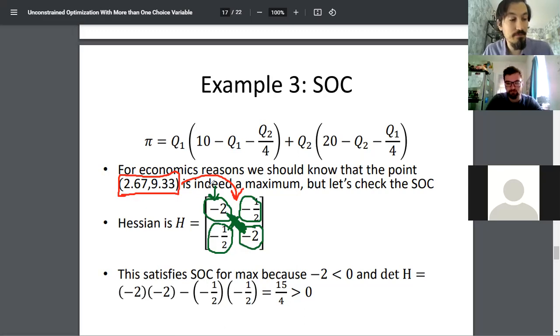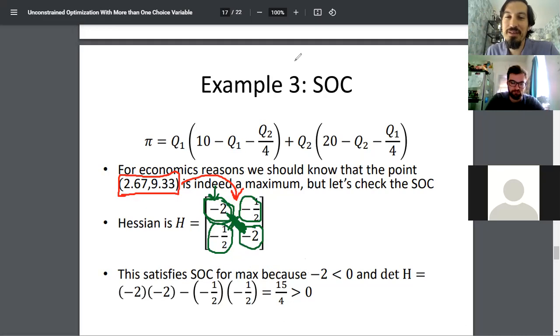By the way, if I had time today, which I don't think I will, I would tell you a little bit about what happens when it's 3 by 3. When the Hessian matrix is 3 by 3, it changes again. It's not just that I check the top left and the determinant and I'm done. I need to look at the top left, which is still there, and then what happens with the top 2 by 2.